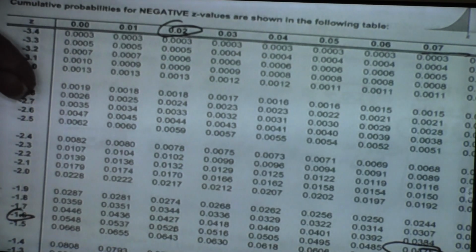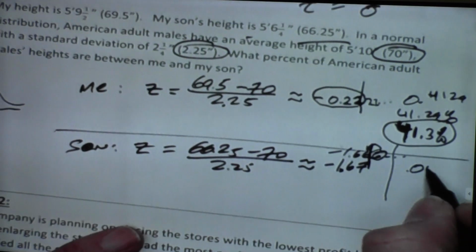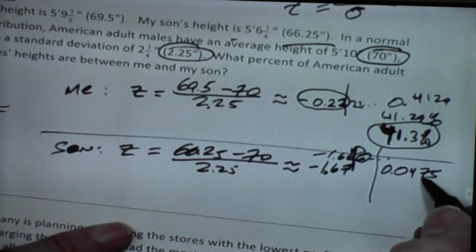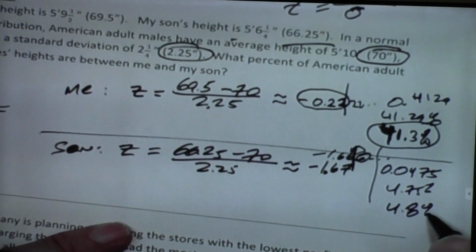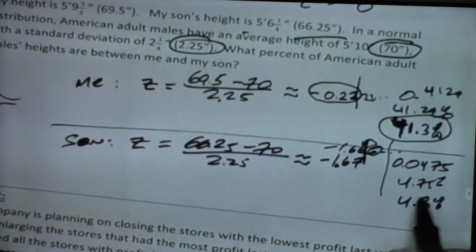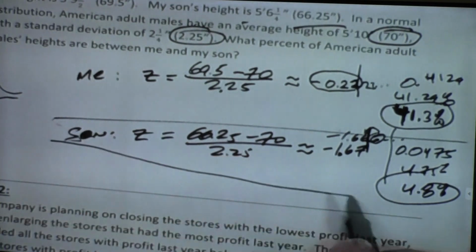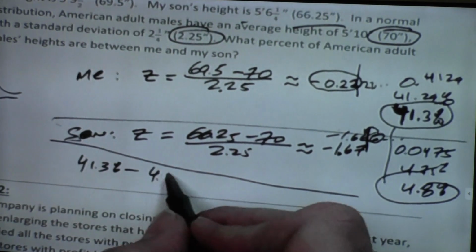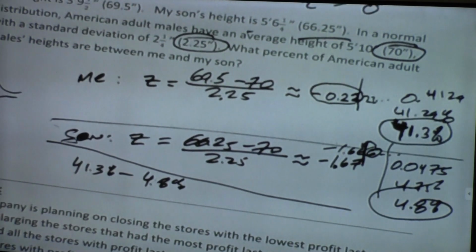So he's at 0.0475, which is 4.75%, which we round to 4.8%. So I'm going to subtract these two. The last part of this is simply 41.3% subtract 4.8%. That tells you he's barely at the 5th percentile in height for American males.